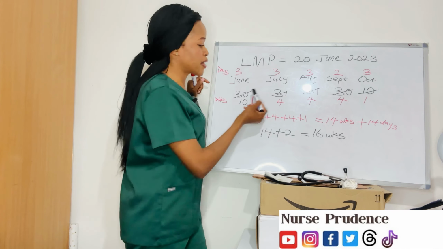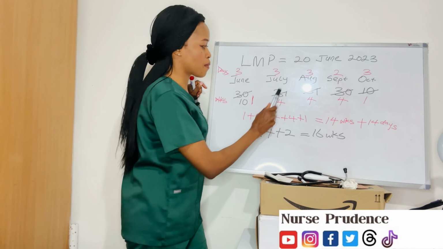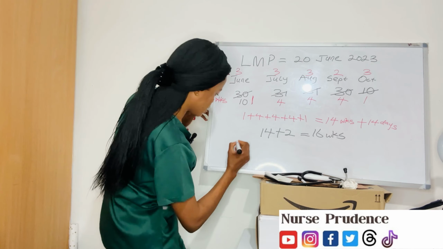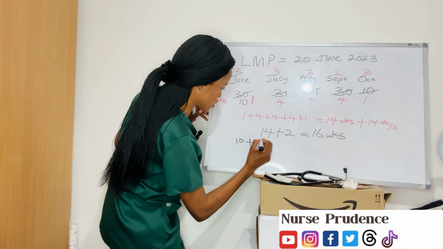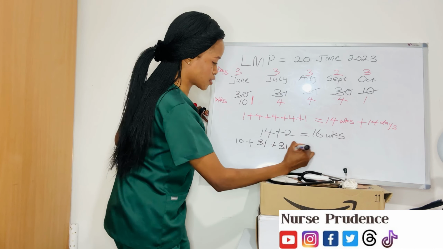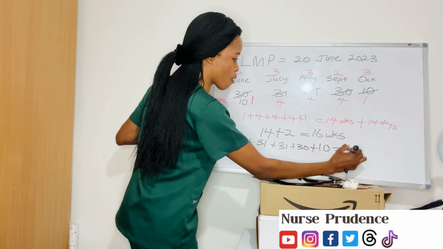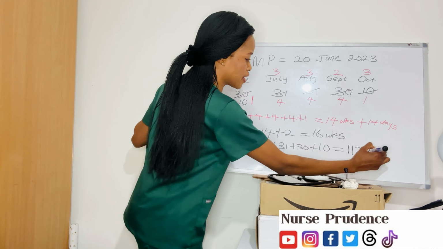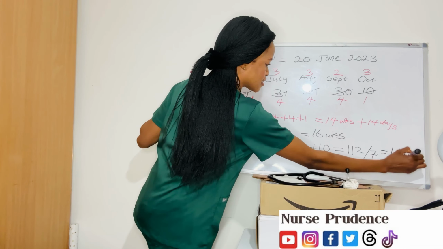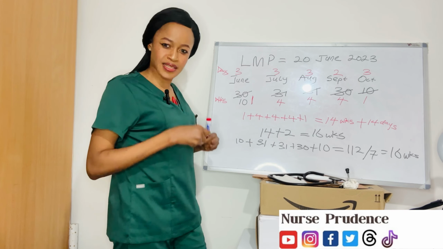Now, still making use of these numbers, when you add up 10 plus 31 plus 31 plus 30 plus 10, that will give you 112. And when you divide it by 7, you will still have 16. That is 16 weeks. So it's the same thing.